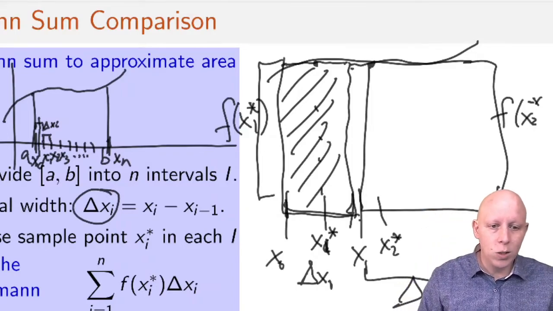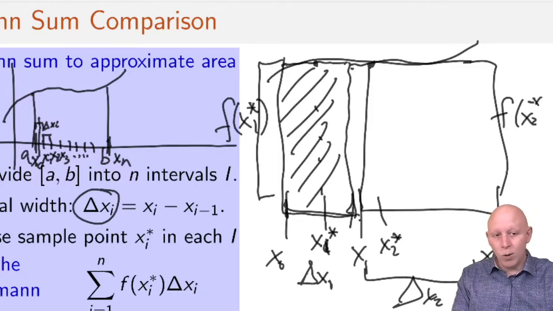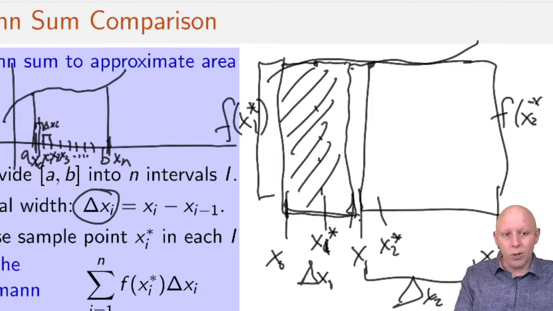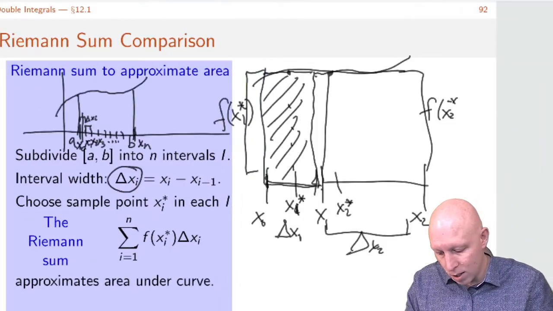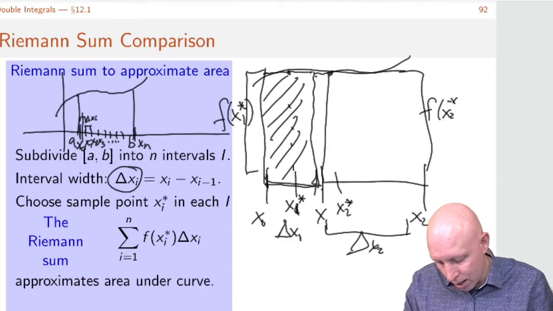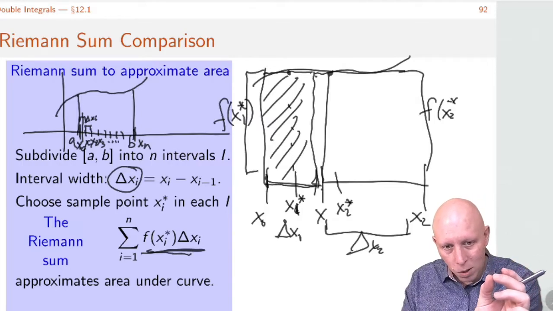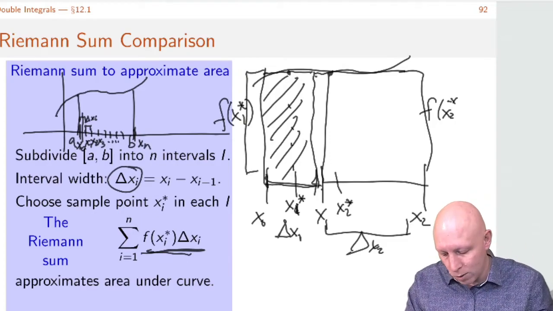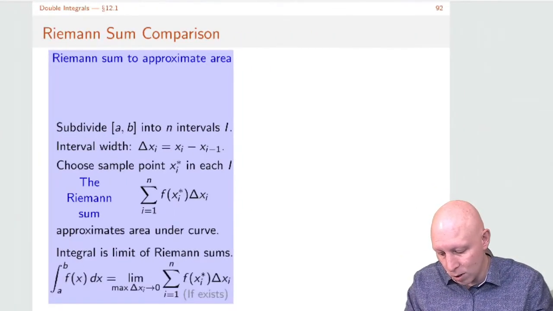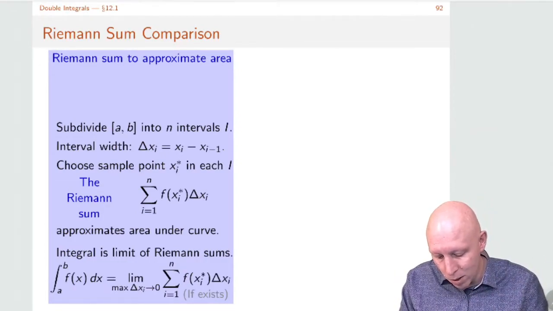And what we get is a bunch of rectangles, and we like rectangles because we know what the area of those rectangles are. So we've taken our sum here, we add up all those rectangles, and if we then make these rectangles smaller and smaller and smaller by making the width smaller and smaller, chopping it up into more and more intervals, then the integral that we get, the area, is the limit of these Riemann sums.